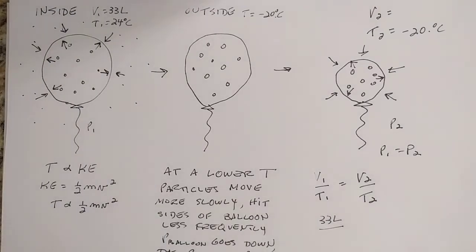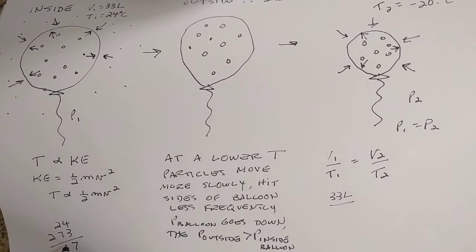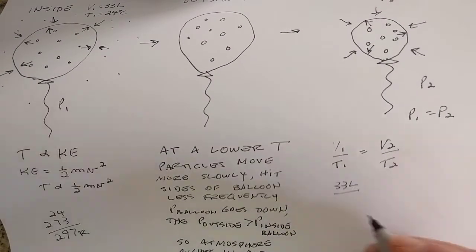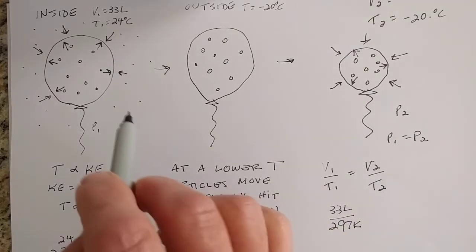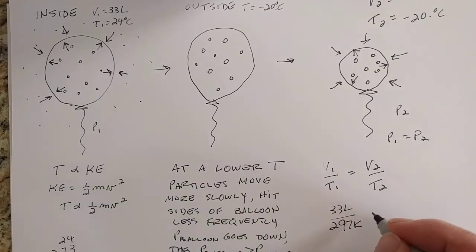There's no choice here. You have to use Kelvin. So 24 plus 273 gives us 297 Kelvin. You can't have negative numbers, so we have to have Kelvin.